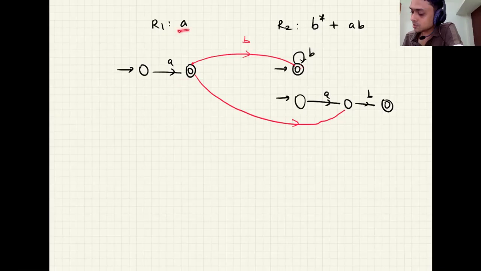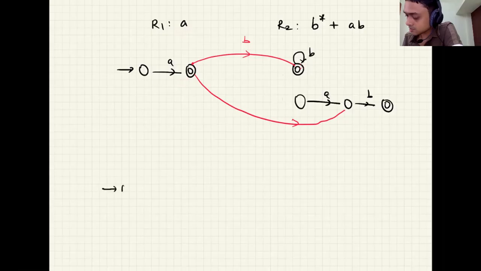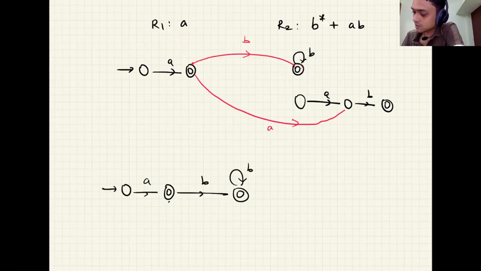And now epsilon is not there in R1, so I don't make this initial. So I will remove these things. Now look at the automaton. If I draw it carefully, this will be A, accept, B, accept. This is A, and then A, B.